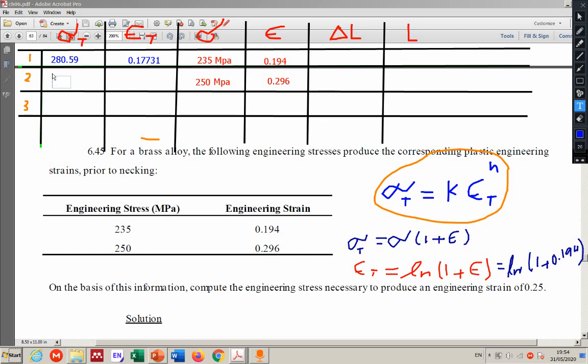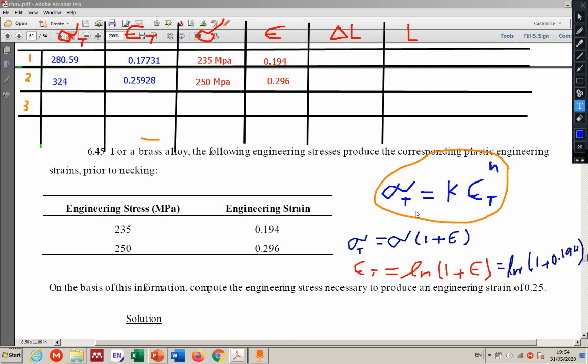So 1 plus 0.296, we're going to get here 324 megapascal. For the other one, we're going to use ln of 1 plus 0.296. It's going to give us 0.259. I have it here. Those are now four values.